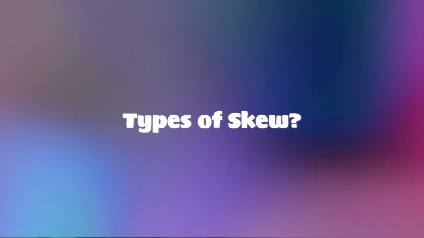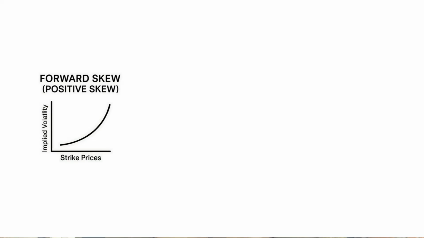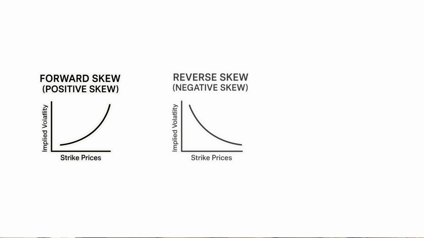Now let's talk about the types of skew you might encounter. First, forward skew or positive skew. IV increases as the strike price rises, common in commodities where supply shocks can drive the price up. The second is reverse skew or negative skew. IV increases as the strike price falls, typically in equities where downside risk leads to higher demand for puts.